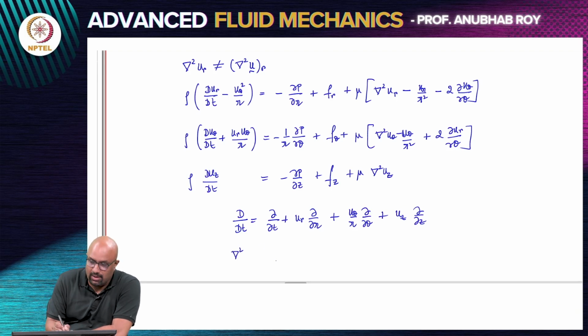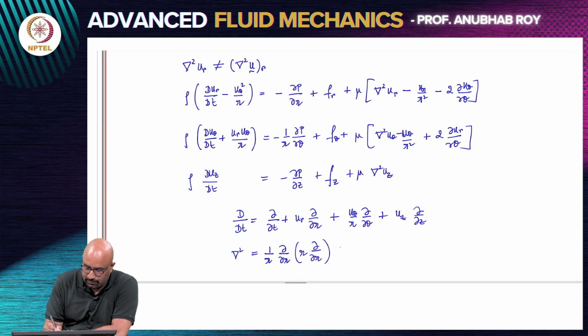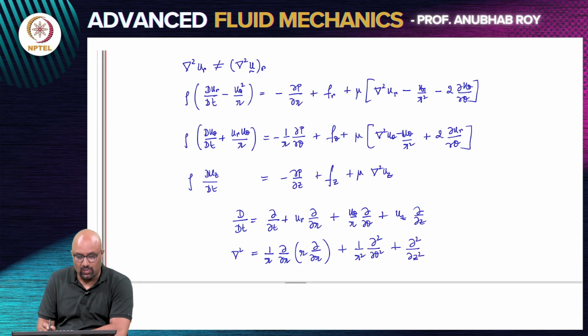And del square, the operator, is 1 by r ∂/∂r of r ∂/∂r plus 1 by r square ∂²/∂θ² plus ∂²/∂z².